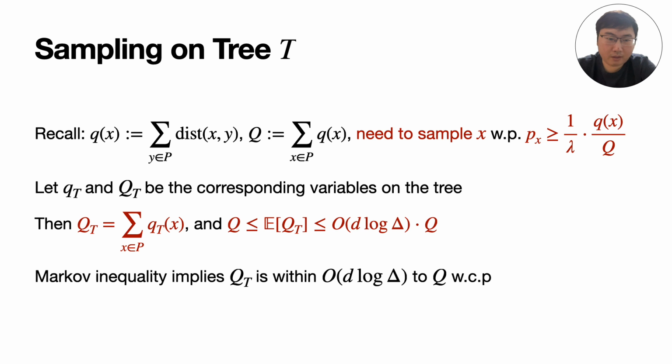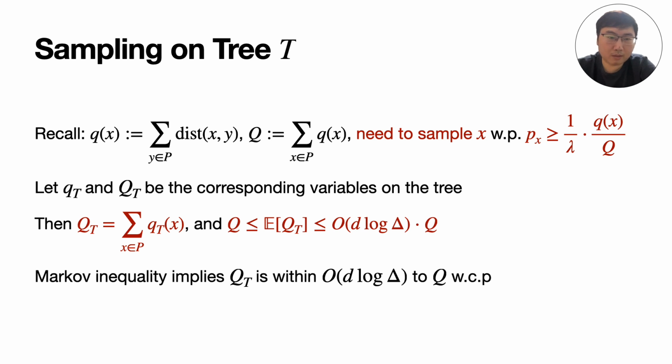Then the idea is to sample with respect to qt, which is the q value on the tree. One can first show that the sum of qt's, which is going to be the normalizer or denominator of the sampling probability, is well preserved.